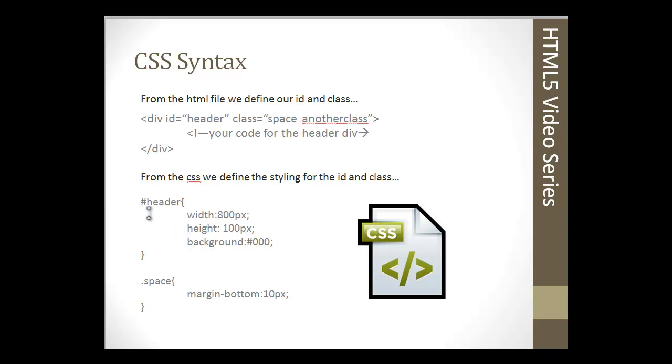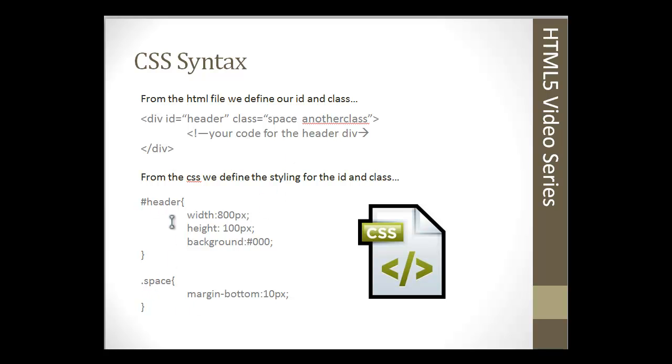Now the most important thing to know about IDs and classes is that an ID uses a pound sign and a class uses a period. That's pretty much the only thing that is different. The styling is the exact same. You just always want to remember an ID is a pound and a class is a period.